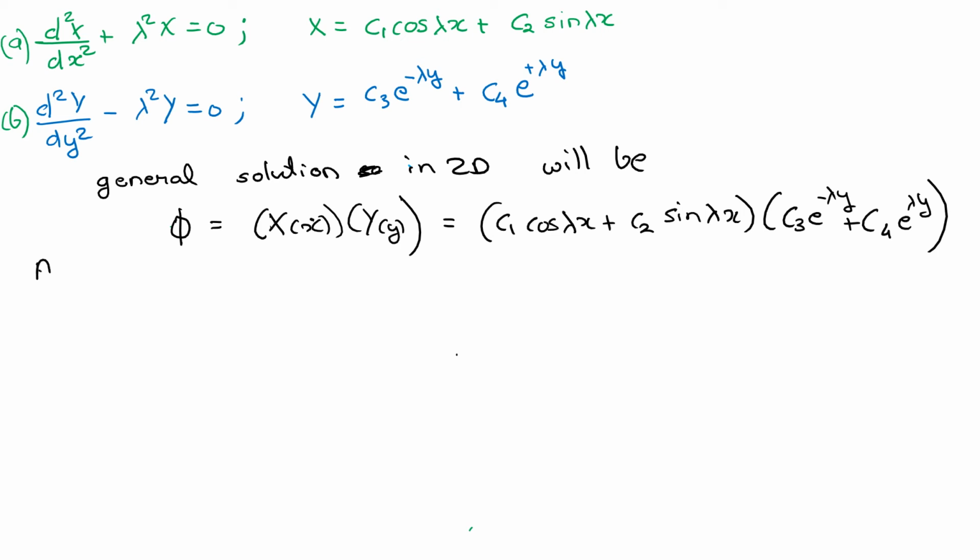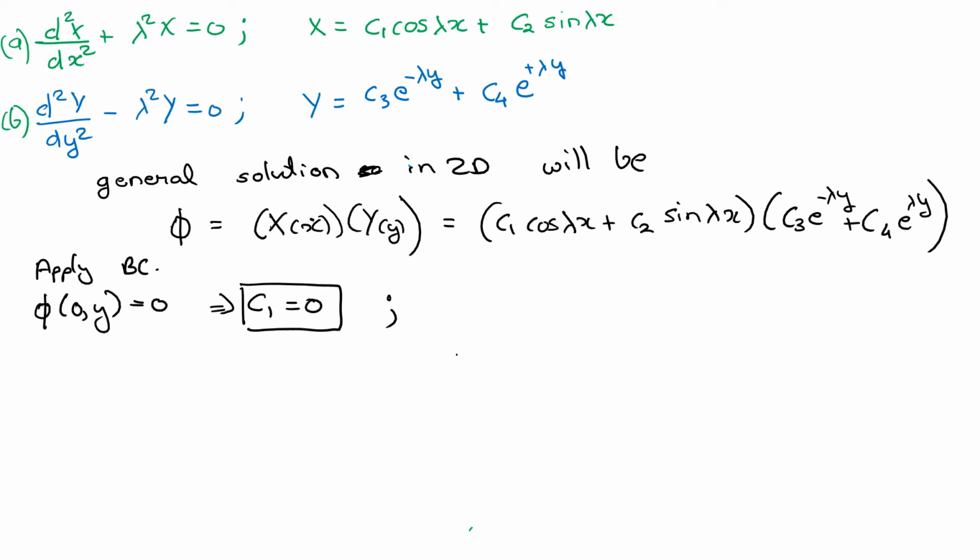So applying boundary conditions, our first boundary condition was phi of 0 comma y is equal to 0. So this gives us C1 equal to 0. Our second boundary condition was phi at x comma 0 equals 0.